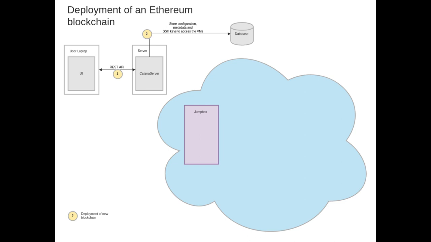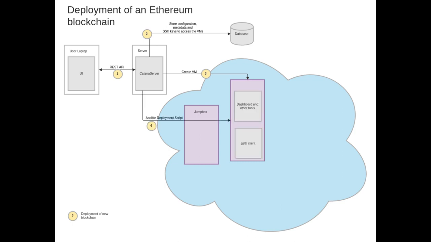And it stores all of that in the database. In step 3, it talks to OpenStack Nova to create a virtual machine. And in step 4, it runs a couple of Ansible deployment scripts. Those scripts deploy a dashboard, and it also installs the initial Ethereum client.